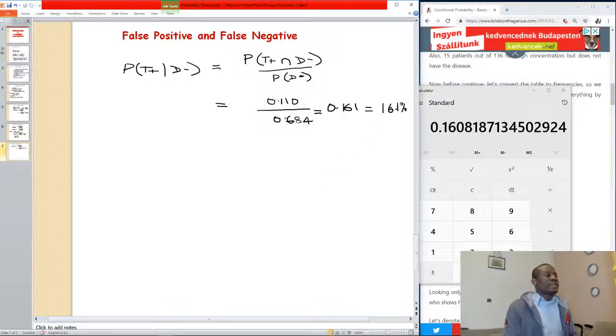So it means that there is a 16.1% chance that the test is going to result in a positive result, meanwhile the disease is not there.